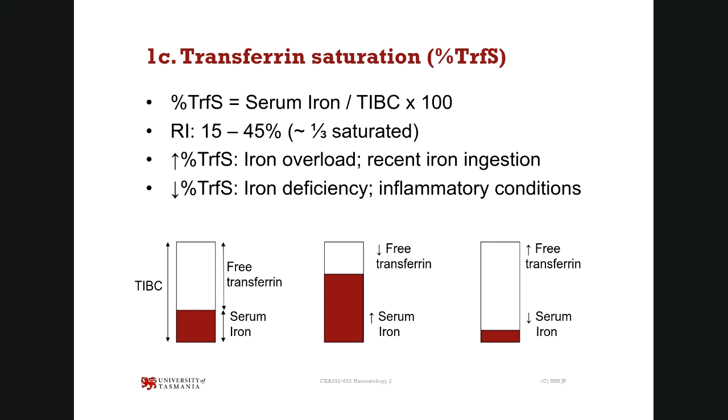Basically, the higher the serum iron concentration, the lower the capacity of plasma to carry extra iron, because the transferrin is more saturated. So serum iron concentrations and percent transferrin saturation should mirror each other, both raised or both lowered. But this is haematology, and it's not always the case, as we shall see.